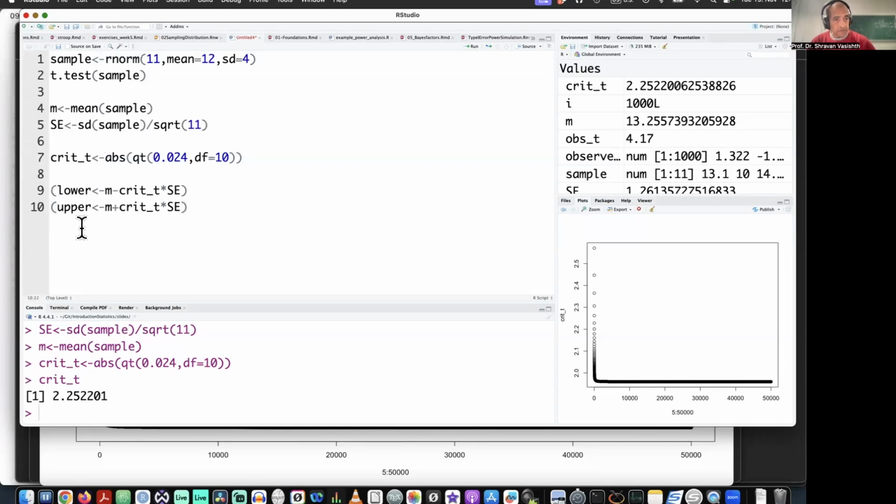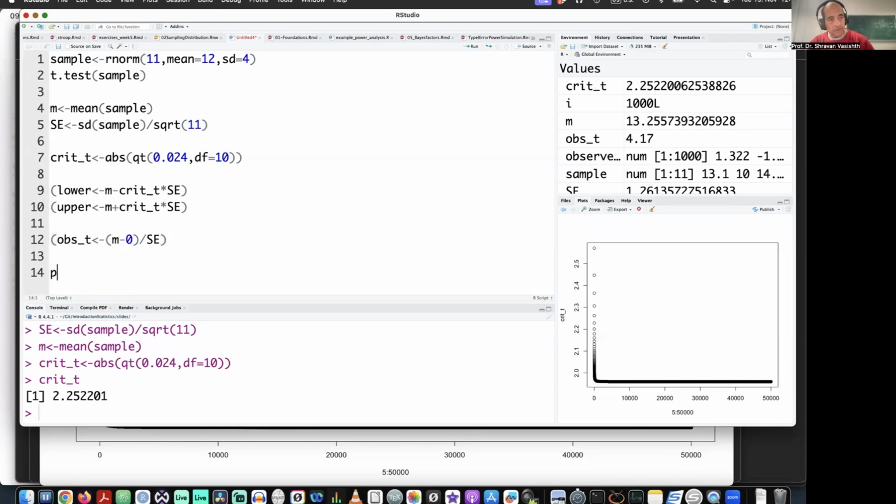I'll get the observed t-value. Let me compute the observed t-value, which is the sample mean divided by the standard error. Because remember, sample mean minus 0 is just the sample mean. So I could have written this, but I was just skipping that step. So that's my observed t-value. So I should get the same observed t-value as in the t-test.